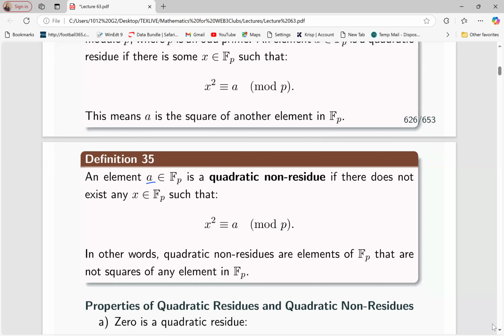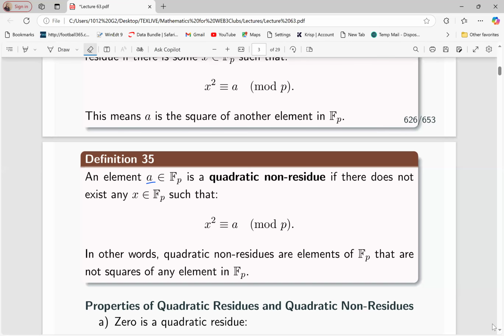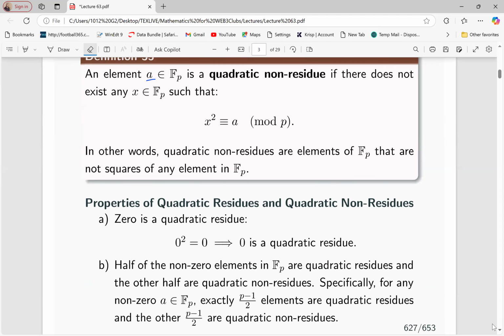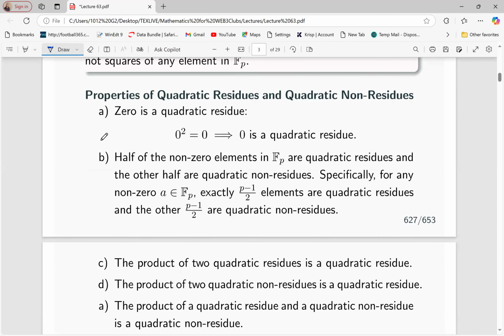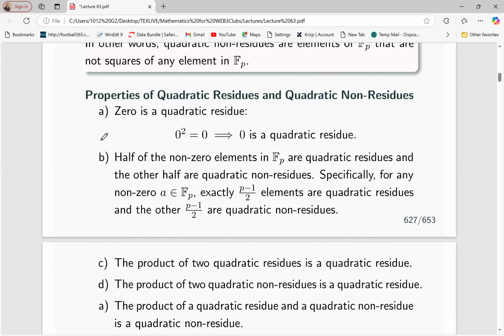And I've said, if you're given p, then half of the numbers mod p will have square roots, and half will lack square roots. So those are the properties I'm referring to here. The first quadratic residue will be 0. 0 is a quadratic residue because it has a square root, and the square root of 0 is 0, so that 0 squared gives you 0.